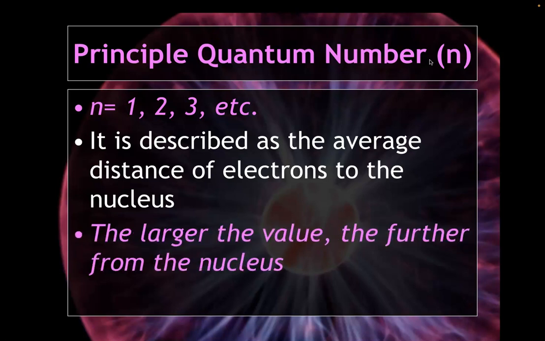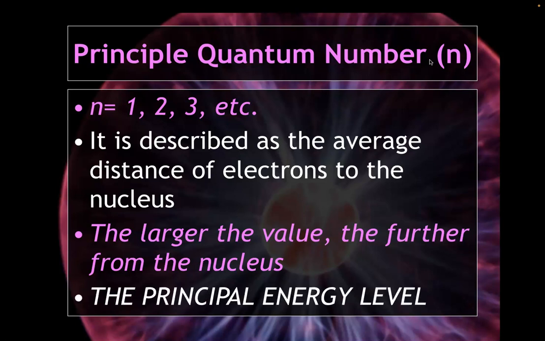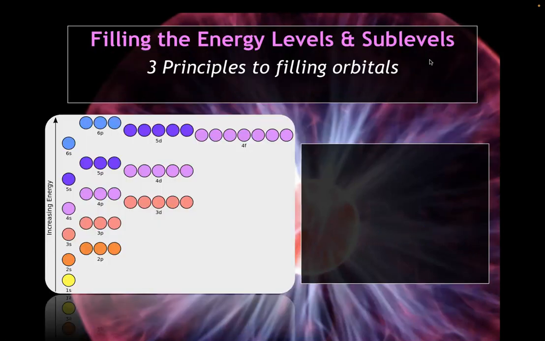The larger the value, the further from the nucleus that electron is. Really, this is just our principal energy level number. So we're always going to fill our principal energy levels in a certain way. And there are three principles for how we fill electrons and where those electrons go.